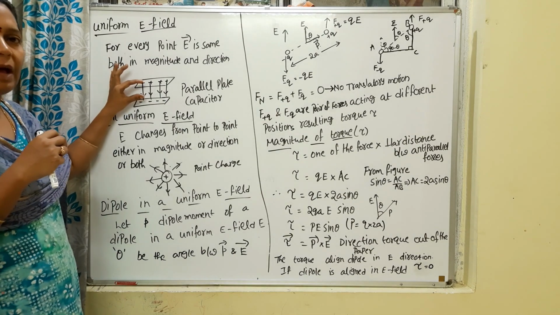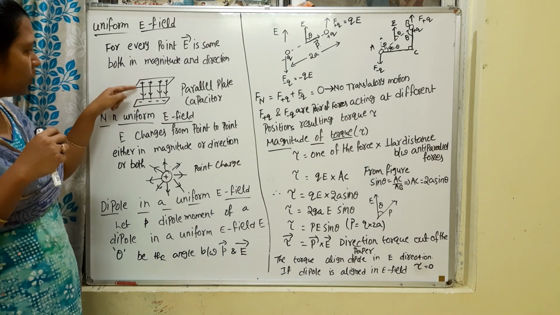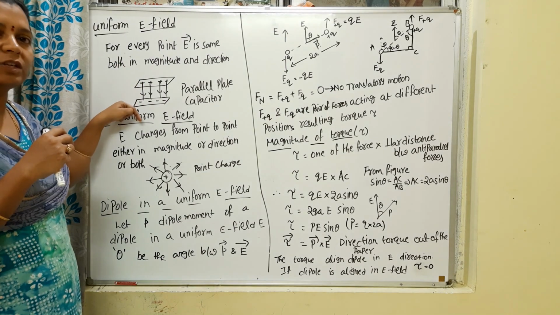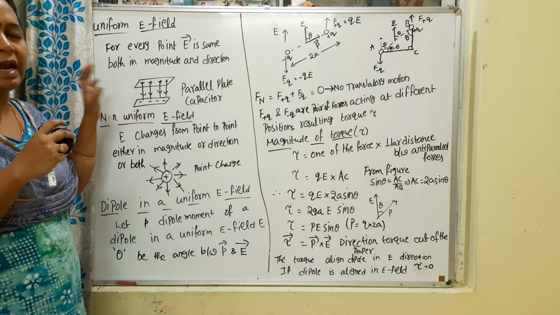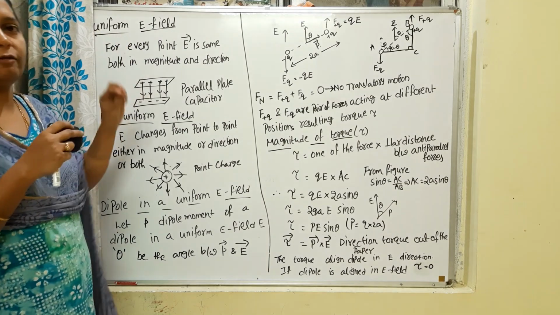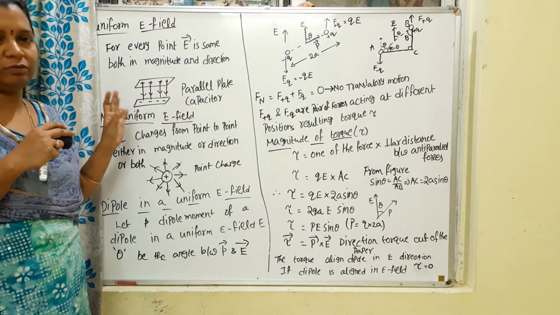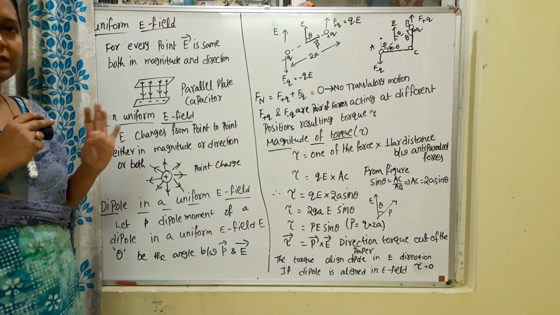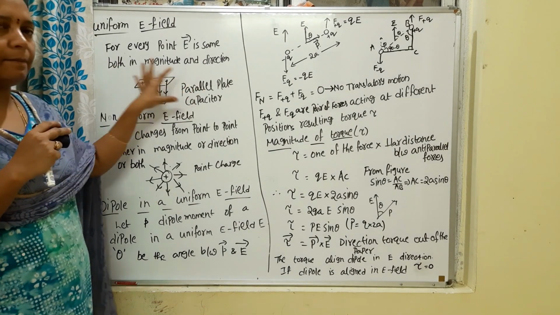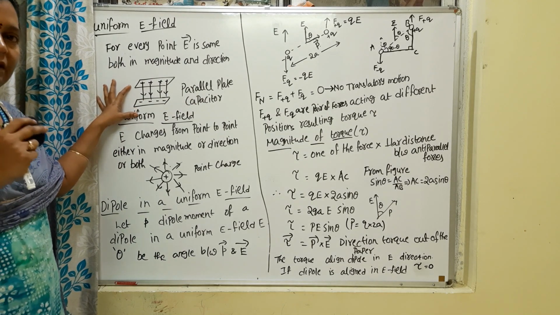In between the parallel plates, the electric field vector points in the downward direction, and its magnitude and direction remain the same. This is called a uniform electric field. A parallel plate capacitor is the best example for creating a uniform electric field.